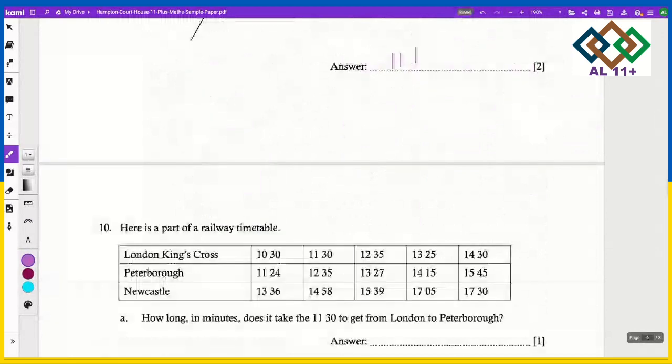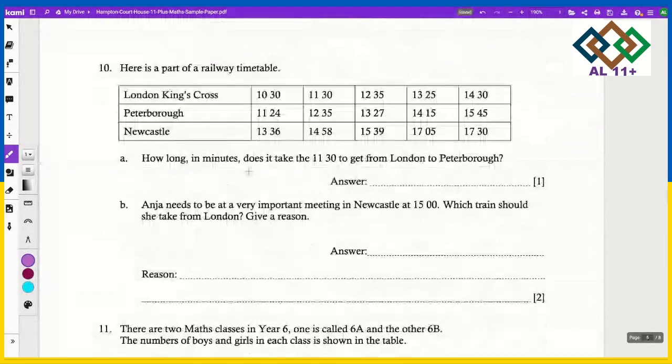Now, they are saying there's a part of a railway timetable. How long in minutes does it take, this one here, from London to here?